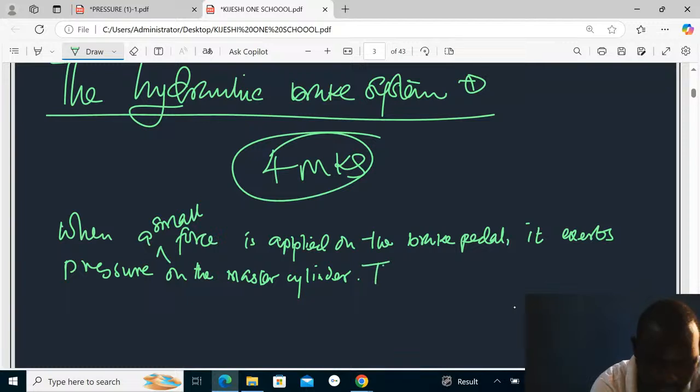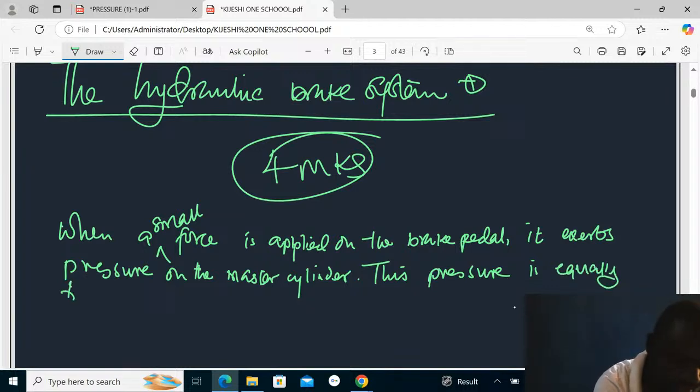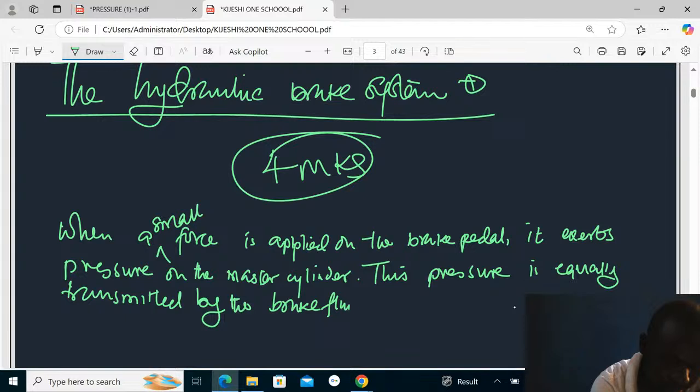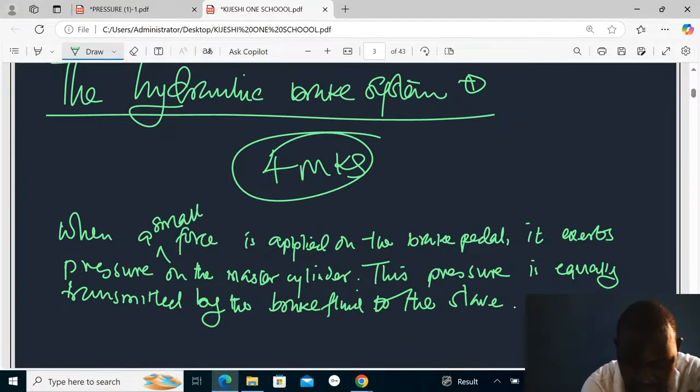And you can say this pressure is equally transmitted by the brake fluid to the slave cylinder.